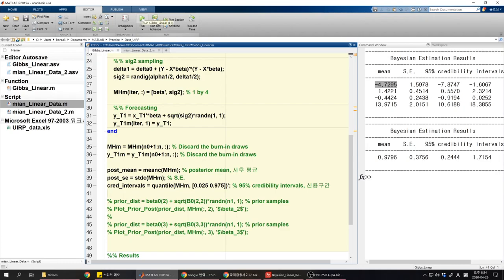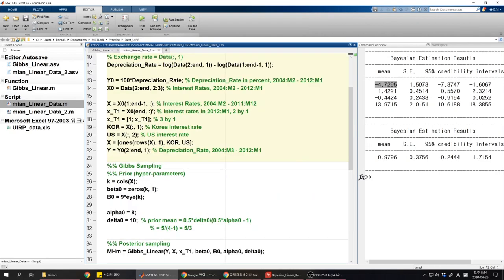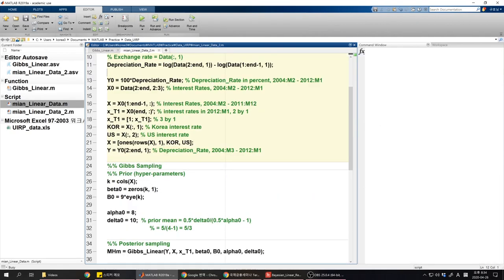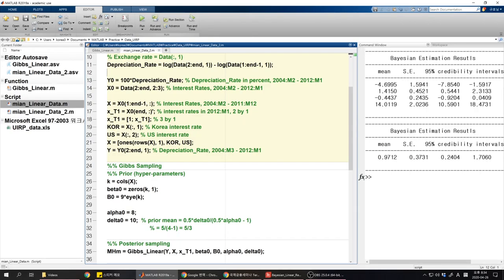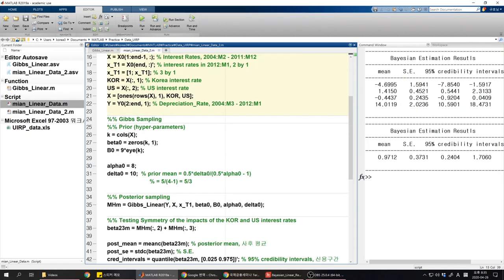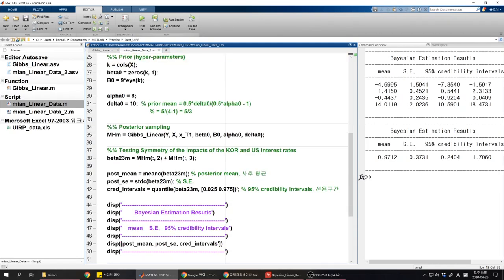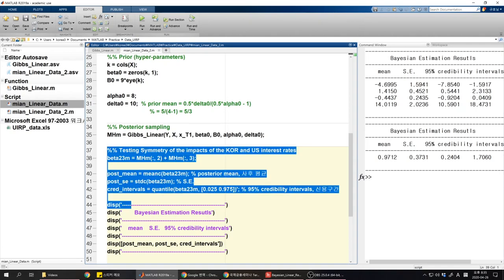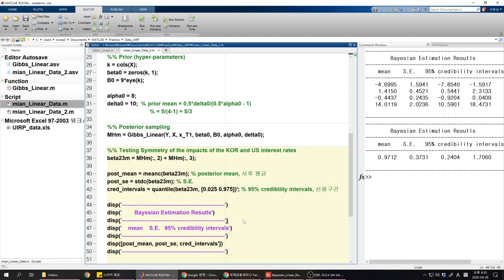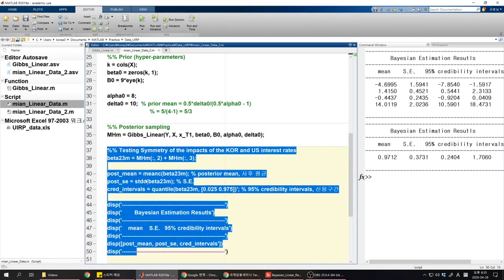Let's try. Oh no, we have to run the main file. We cannot run the function file. Yes, looks good. So these are not of our interest anymore, let me put these as comments.